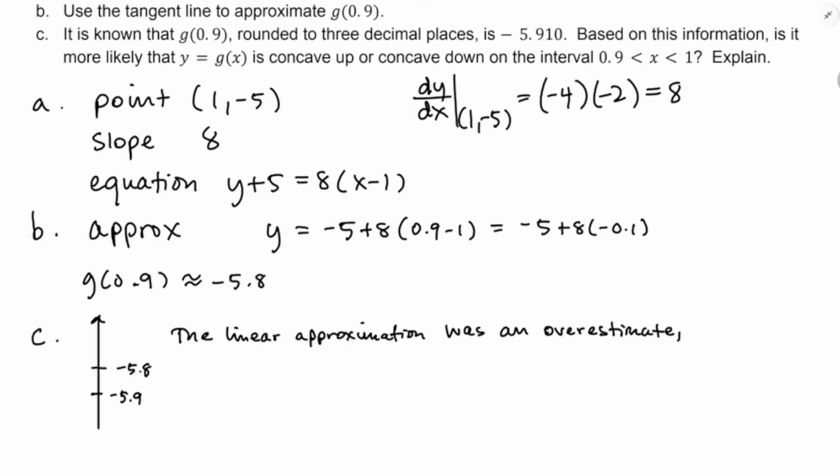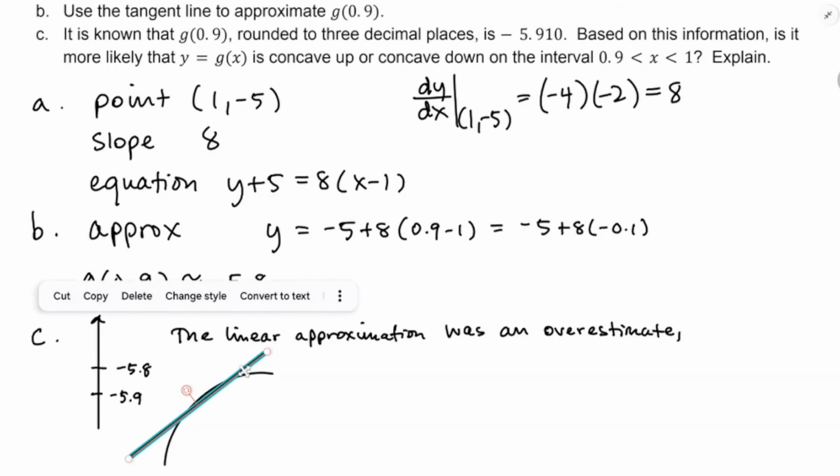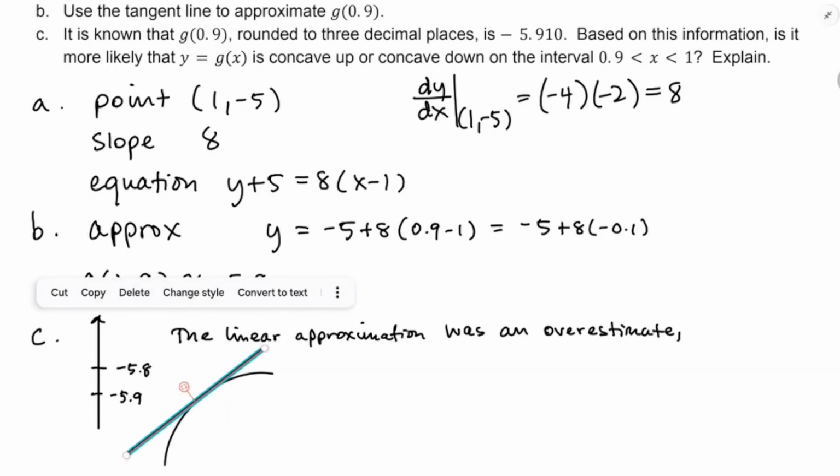Okay, so if the linear approximation is an overestimate, that means that it's more likely that the graph is concave down, right? And if there are no points of inflection between the tangency point and the approximation point, it will be a guarantee that the graph is concave down the whole time.